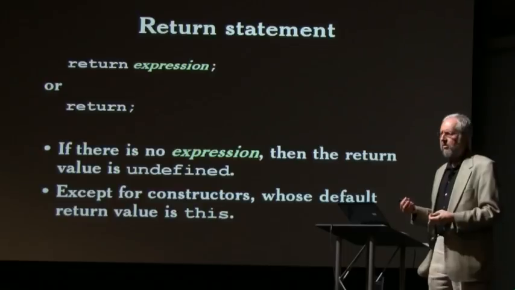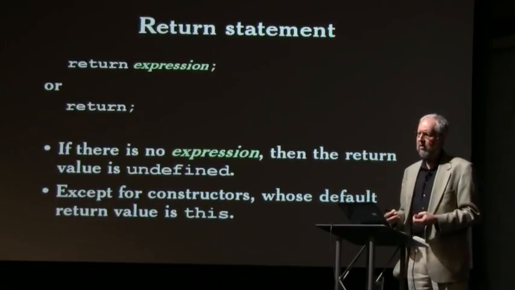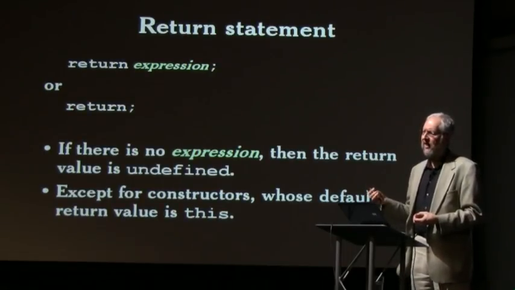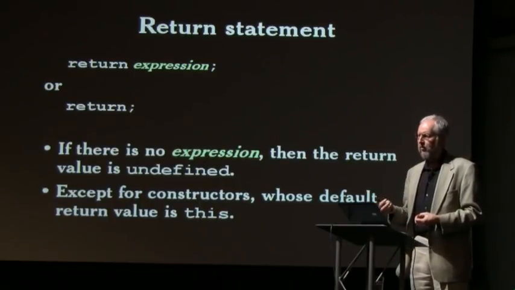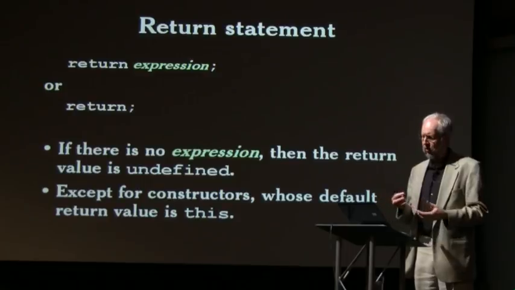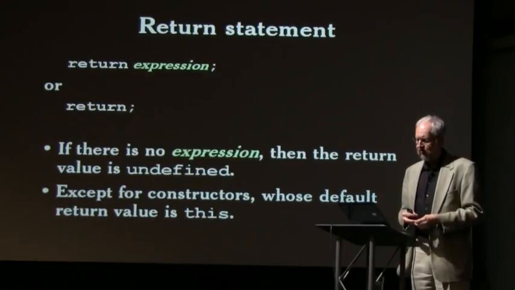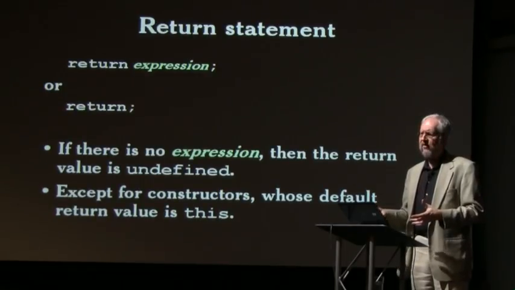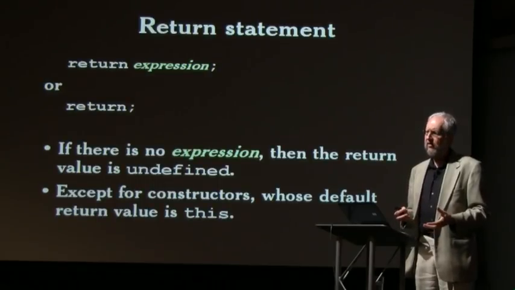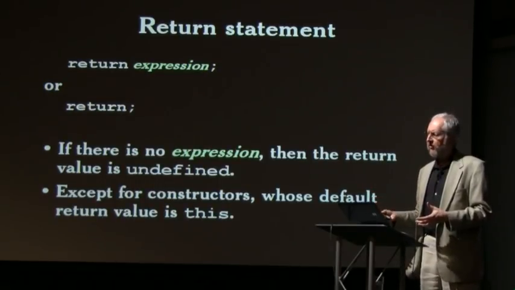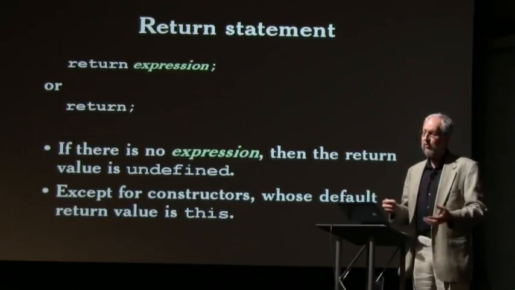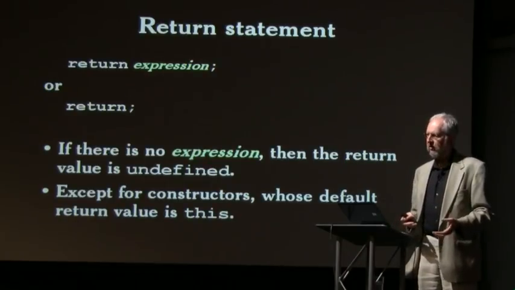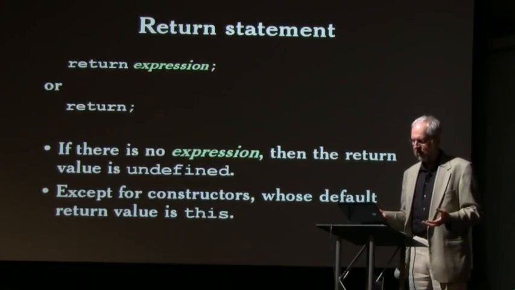We have a return statement. A return statement allows a function to return early and also indicates what value the function should be returning. And there are two forms of it. There's one that takes an expression and one that does not. If there's no expression, then the value that gets returned is undefined. It turns out every function in JavaScript returns a value, and if you don't explicitly say what the value is, it will return the undefined value, unless it was called as a constructor, in which case it'll return the new object that you're constructing.